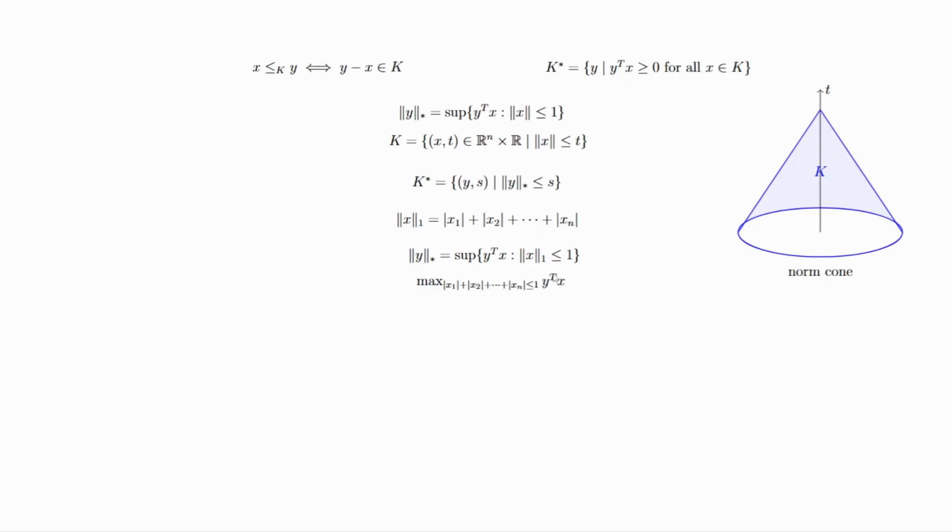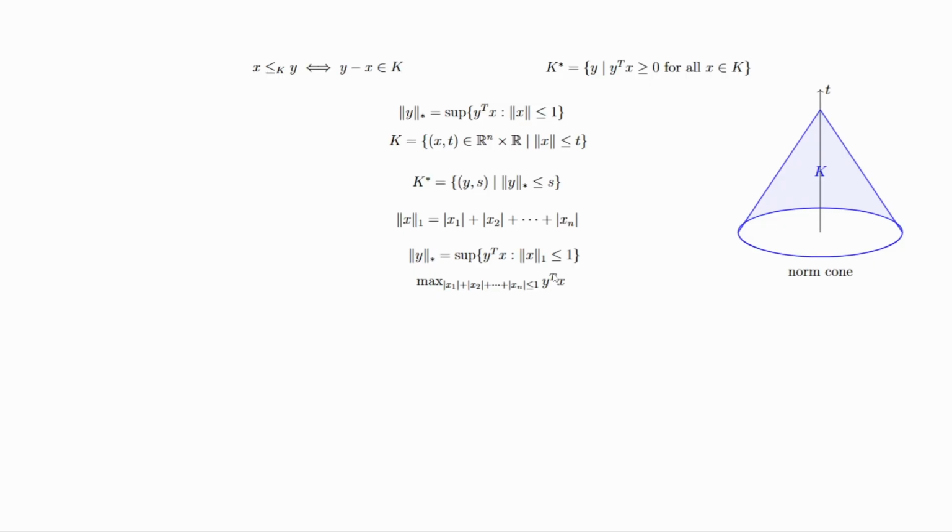So the key insight here is to maximize y transpose x, we should put all of our budget, so to speak, on one component, where yi is the largest. Specifically, if yj is the largest component in absolute value, we should set xj equal to the sign of yj, and all the other xi's equal 0.